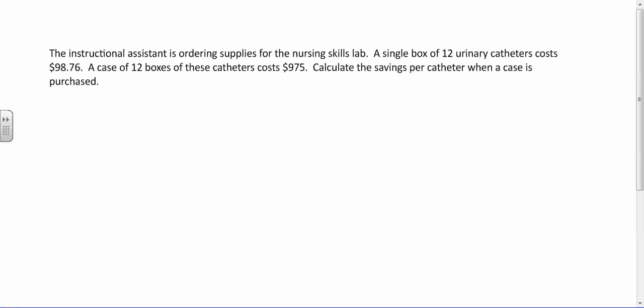Okay, so what we want to calculate in this problem is the difference between the catheter cost bought by the box and the catheter cost by the case. So to do that, let's write catheter cost, and in parentheses I'll put by box.